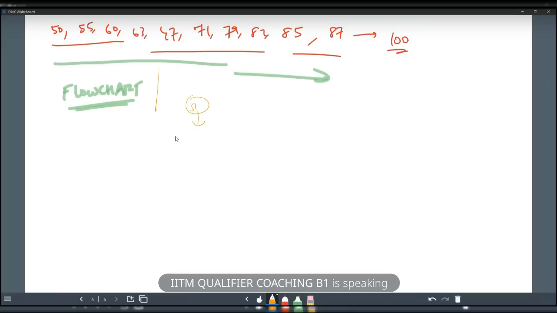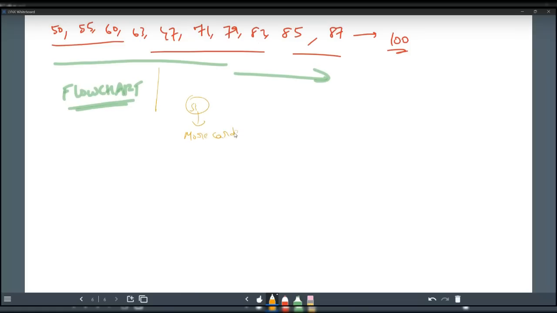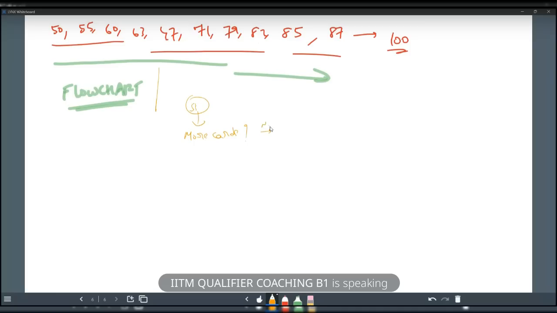I mean, are there more cards in the pile? If no, we exit or terminate; this is the endpoint. And if yes, we read the first card.